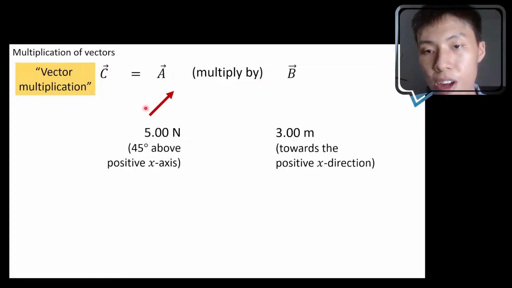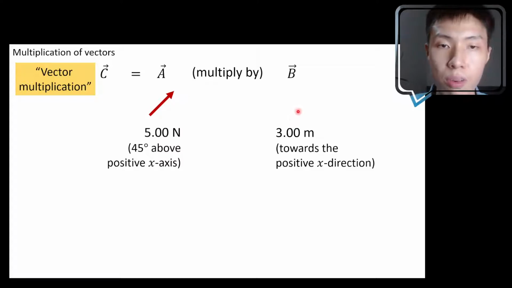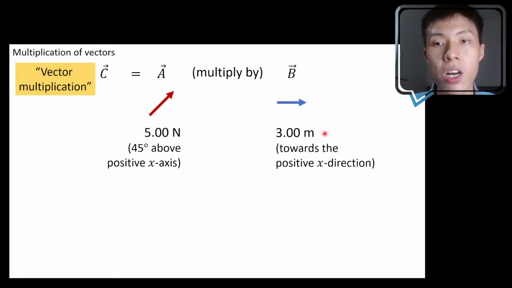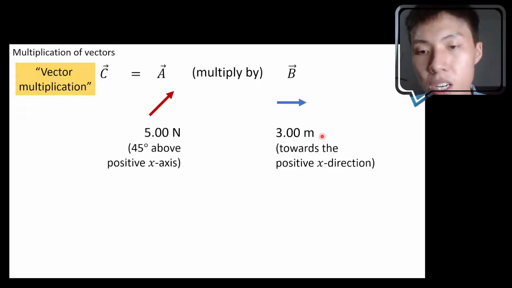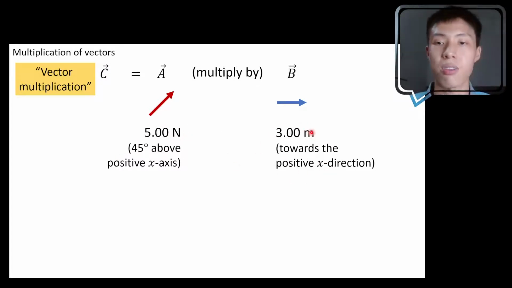Then this will be 5 Newton pointing 45 degrees above the positive x-axis. This will be 3 meters pointing to the right, or positive x direction. If it's a regular multiplication without the direction, then multiplying 5 Newton with 3 meter is just 5 times 3 equals 15, right? Very straightforward.